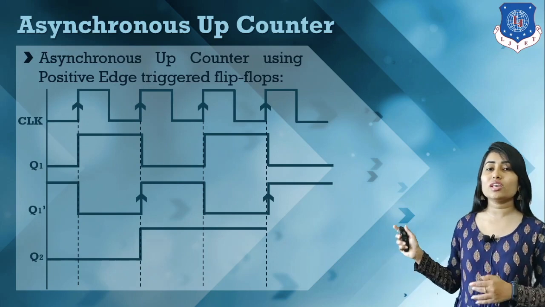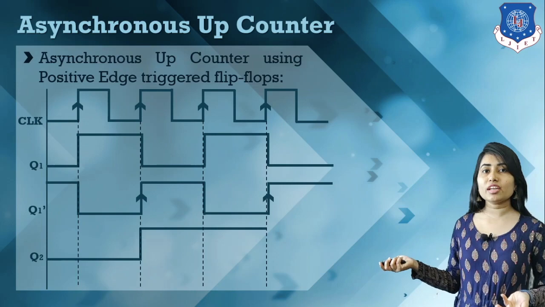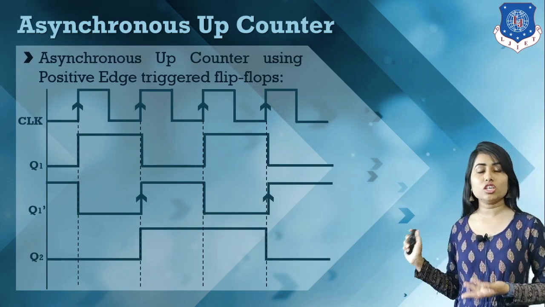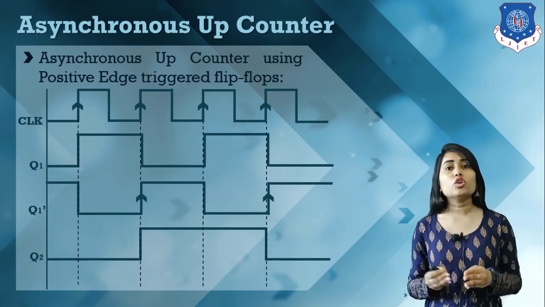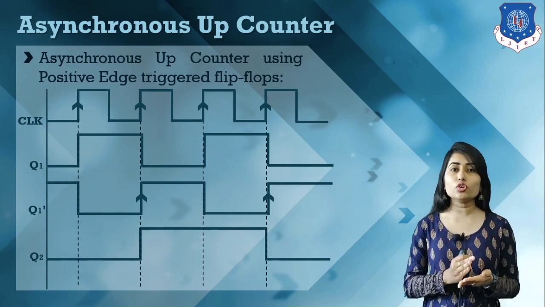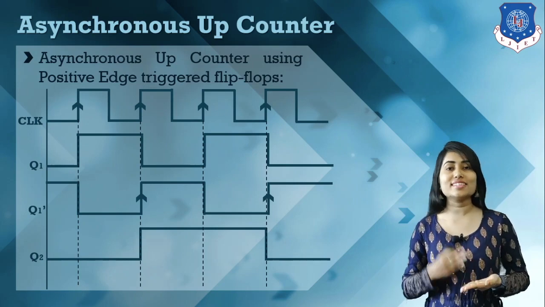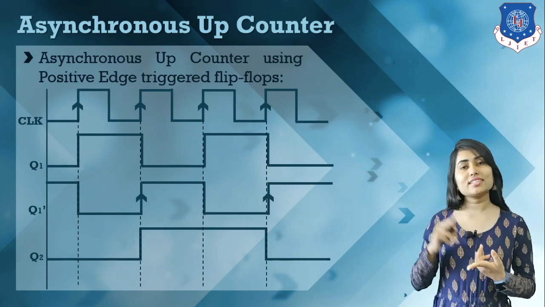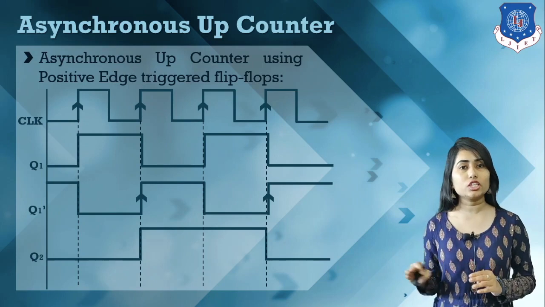There again a Q1 dash positive edge arrives, so we have the complemented value, because the flip-flops are in toggle mode. So we have a 0. This is how Q2 is counted according to the clock of Q1 dash. We have Q1 dash as the clock in the second flip-flop, so we first calculate Q1 dash, then mention the positive edges of Q1 dash, and then calculate Q2.